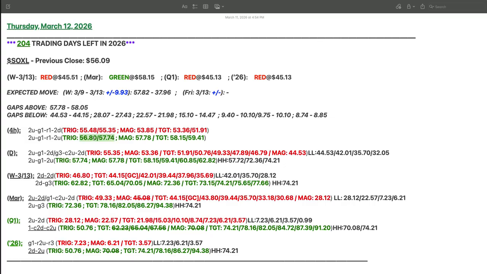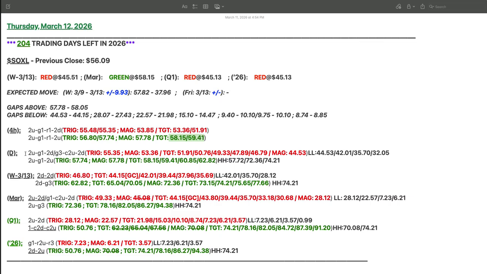You could even play that as a move in and of itself: buy a call once you go above 56.80 and look to exit at 57.74. That could be a decent scalp for you as well. But once you get above that 57.74, the magnitude of the move is quite small, right? 57.78 is the rest of that move. So if we do get there and we've got some more momentum, we've got the extended targets here for you as well.